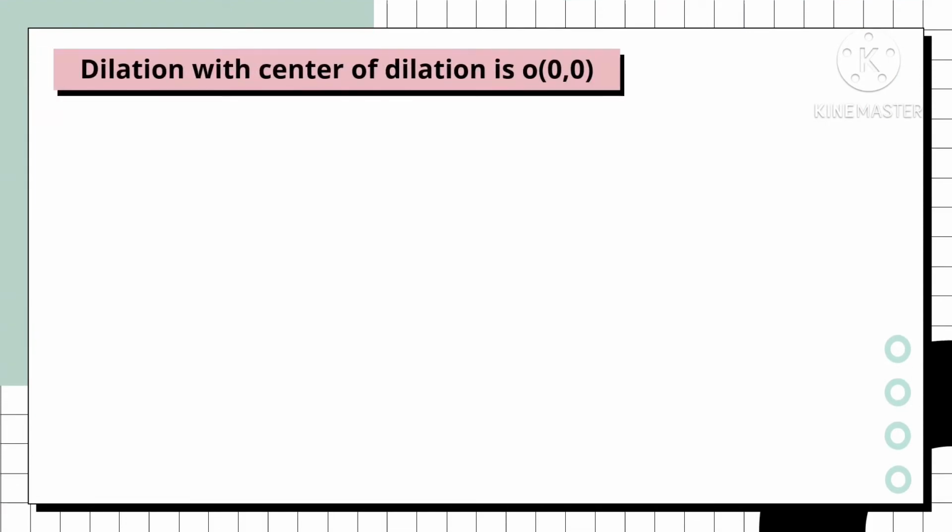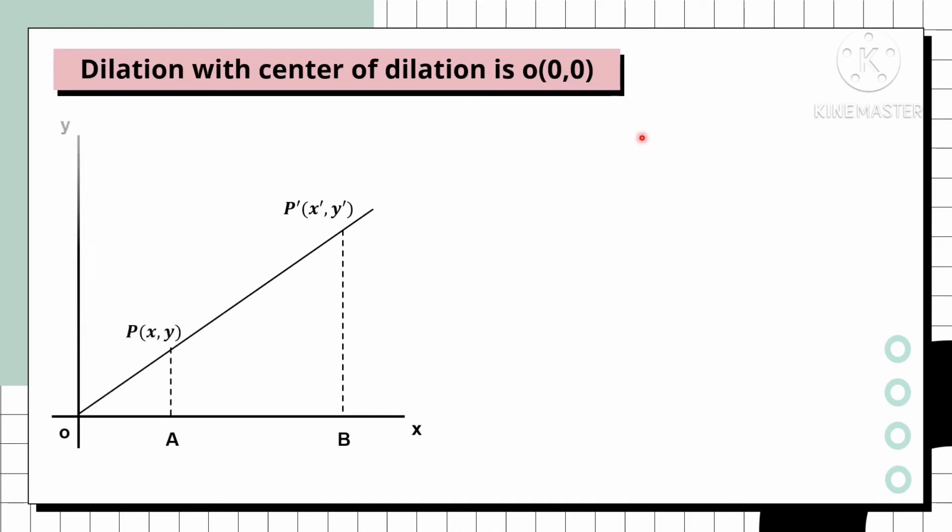Okay. First, I would like to explain the dilation with the center of dilation at (0, 0). You can look at the following Cartesian graph image. There is an object P(x, y), which is dilated with center (0, 0) and scale factor k. Then an image appears from P which we call P accent or P prime.